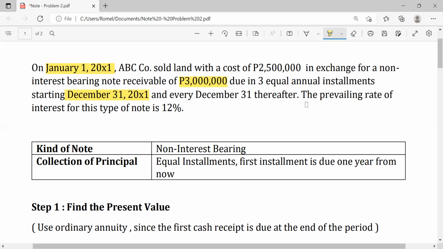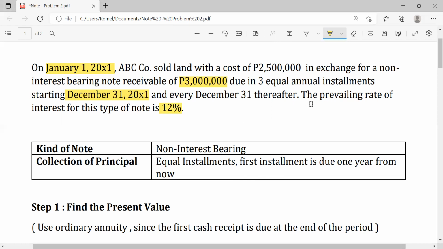And then, another thing is, the prevailing rate of interest for this kind of note is 12%. What does it mean? The market rate or the effective rate of the note is 12%.